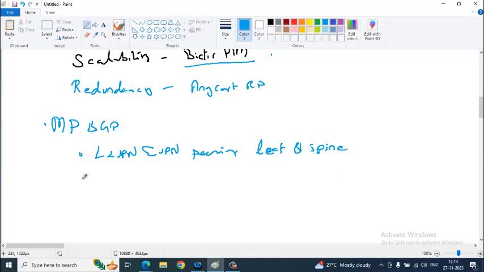So the goal of MP-BGP is to advertise VXLAN L2 and L3 VNI information. This is what we were seeing last two classes.